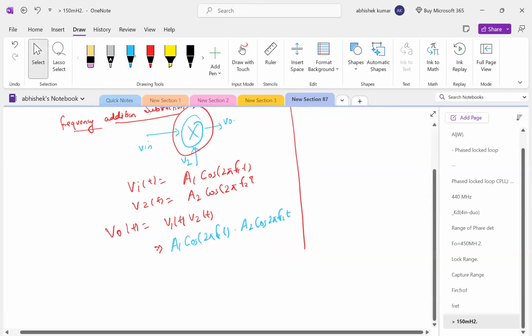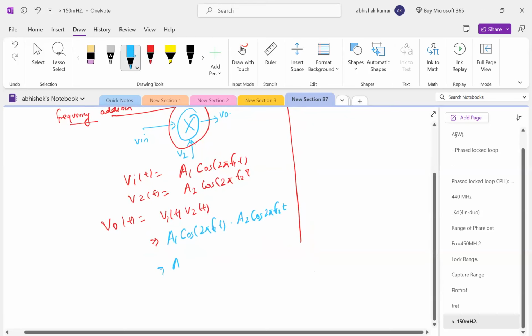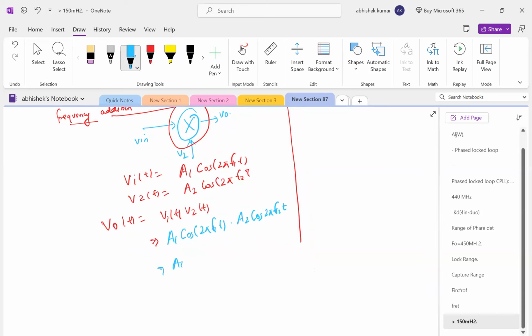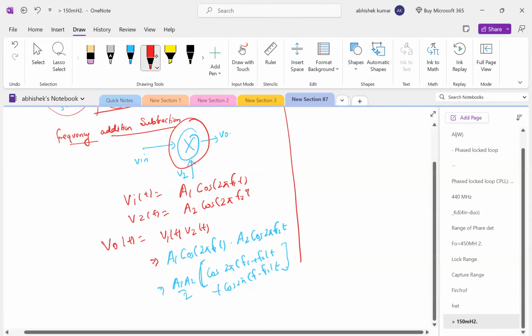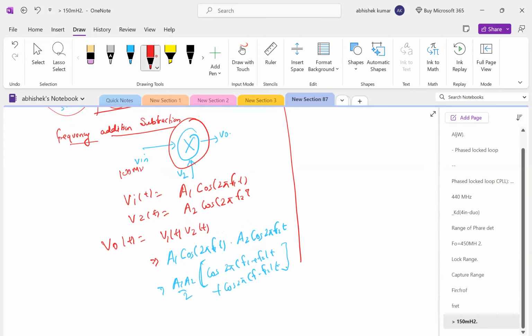Here you are multiplying both signals, so you will get A1 A2 by 2 into cos 2 pi (f1 plus f2)t plus cos 2 pi (f1 minus f2)t. Assume this input is 100 megahertz and this one is 50 megahertz.